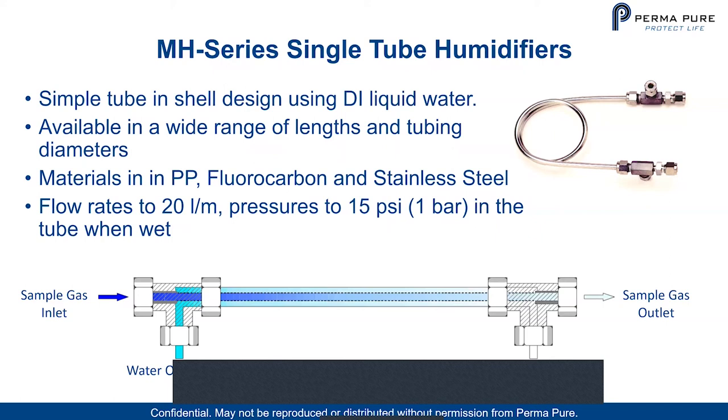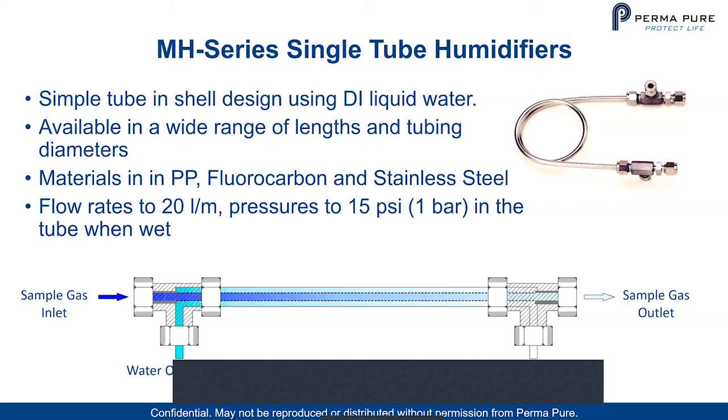One thing you have to understand is that even though it looks just like an MD, it's not an MD, because when Nafion is saturated with liquid water, the dimensions of the material change. It expands 15% in length and in outside diameter.